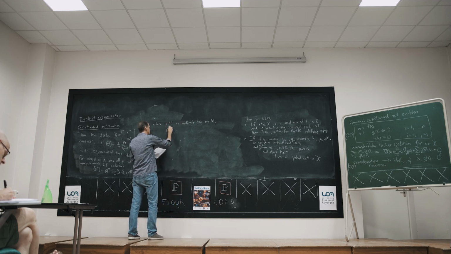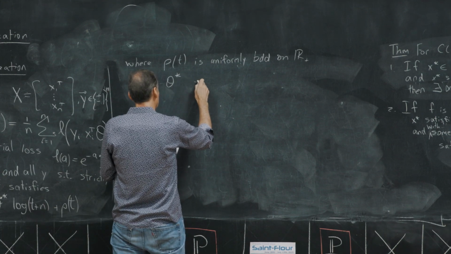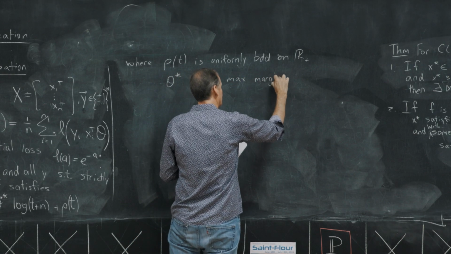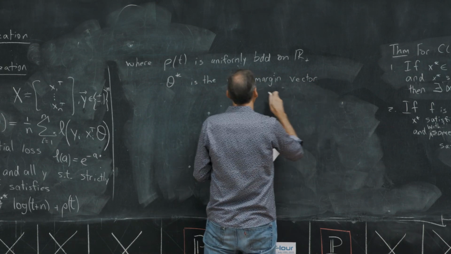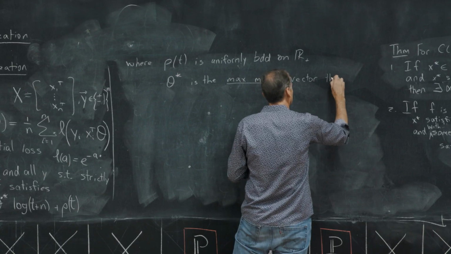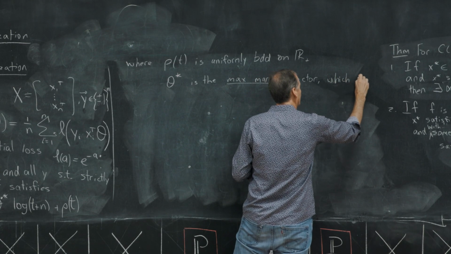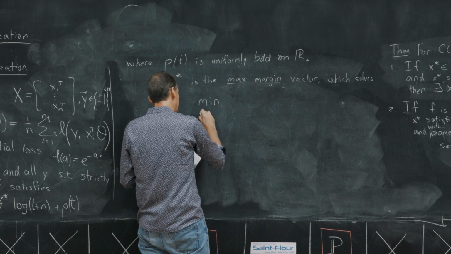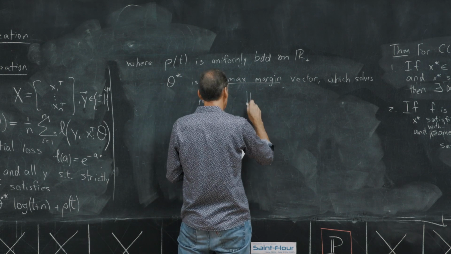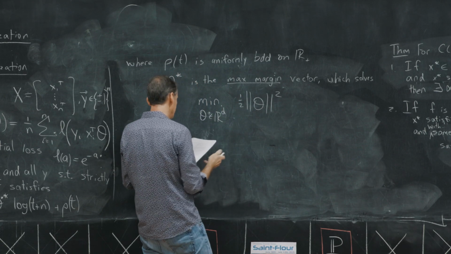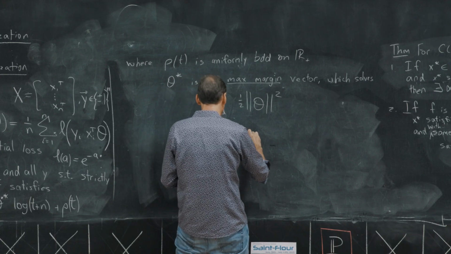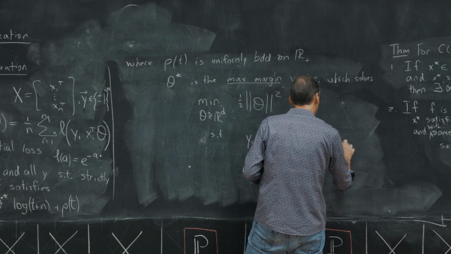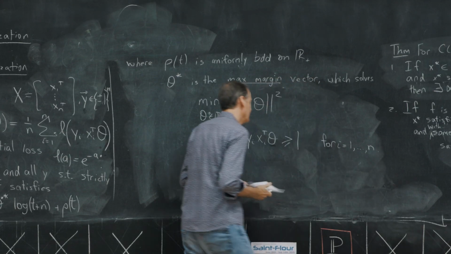And theta star is the max margin vector, which solves the optimization problem: min over theta in R^d of a half the squared Euclidean norm of theta, such that yi xi transpose theta is at least 1 for i equals 1 to n.